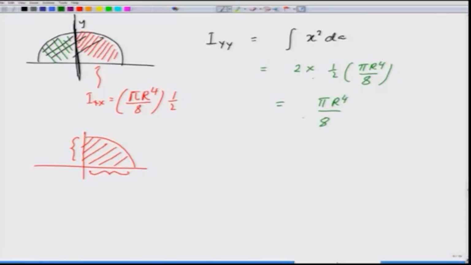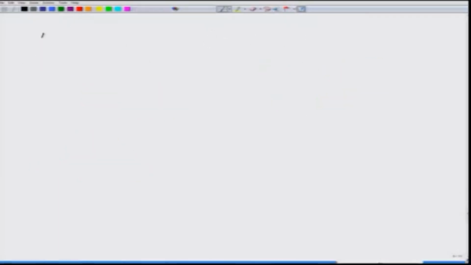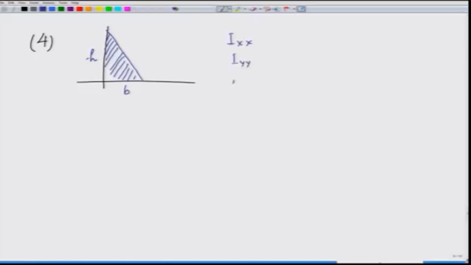As the final example, I am now going to do a triangle, and to keep things simple, initially I am going to take a right angle triangle of height h and base b, and calculate Ixx, Iyy and Ixy for this.